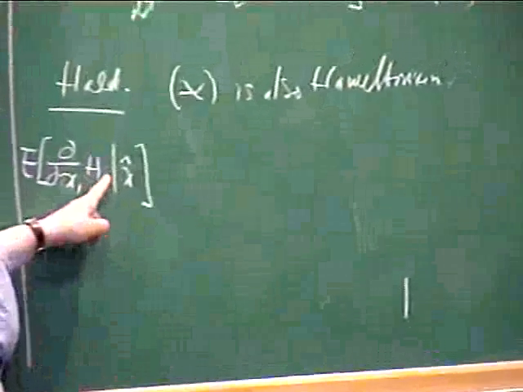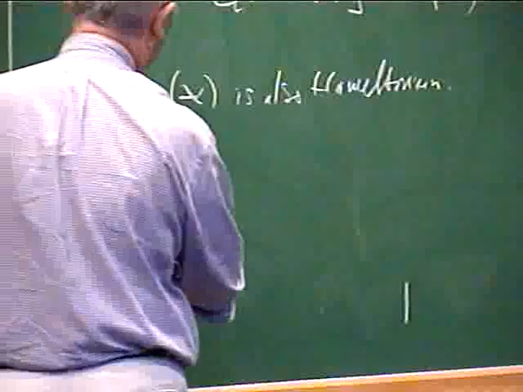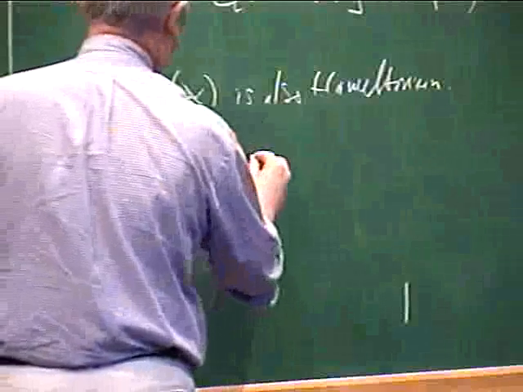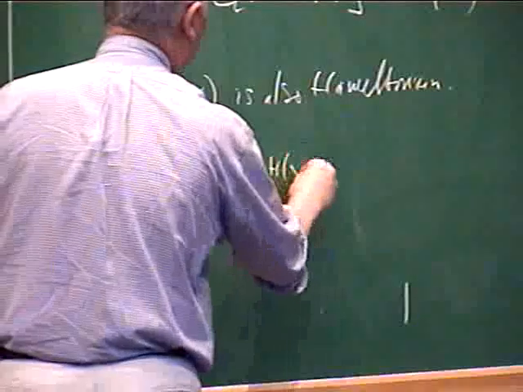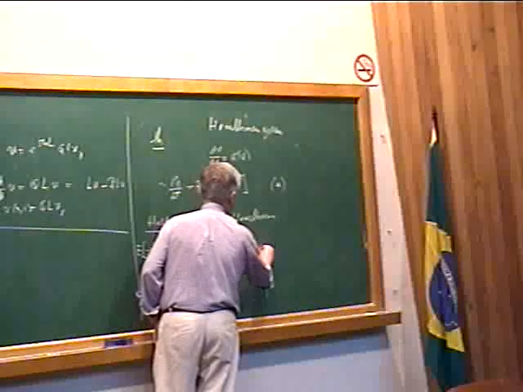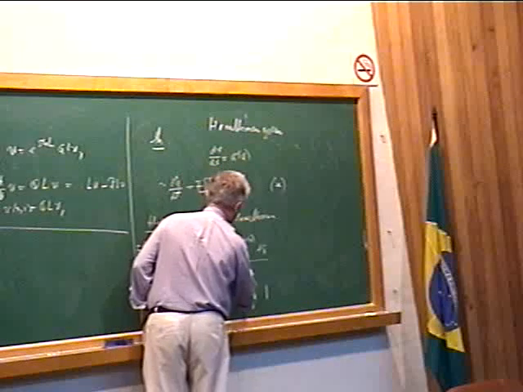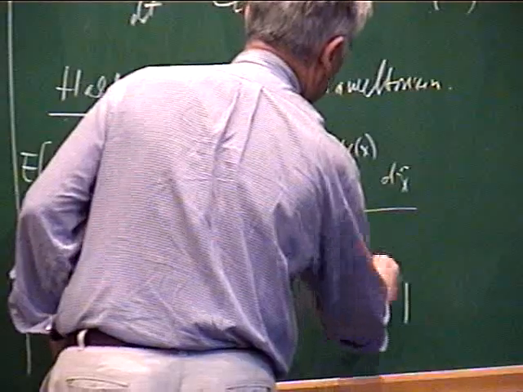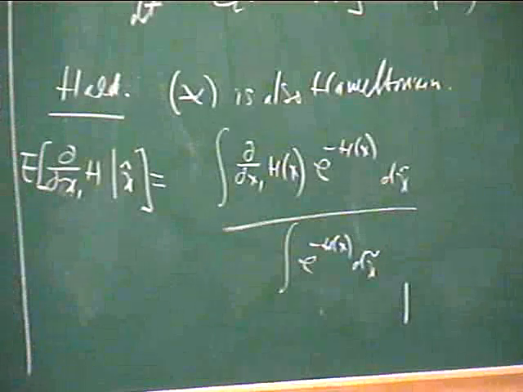If the h is Hamiltonian, the typical right-hand side of the equation, the derivative of the Hamiltonian, this is by definition the integral of d over dx1 of h of x, e to the power minus h of x, dx tilde, divided by the integral of e to the power minus h of x dx tilde, the definition of conditional expectation as we had it before.